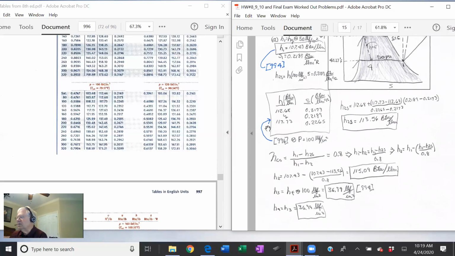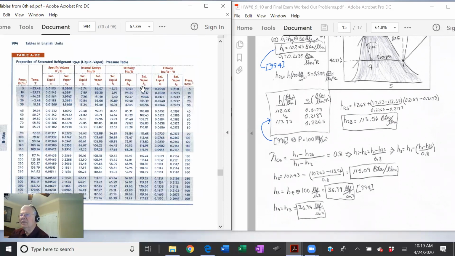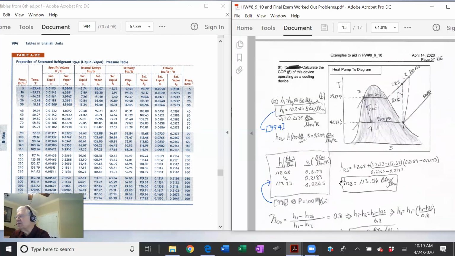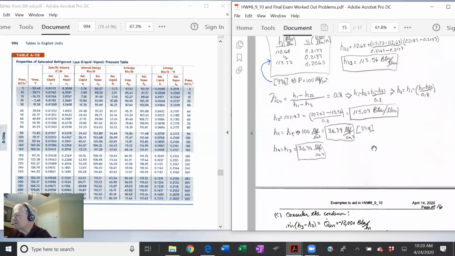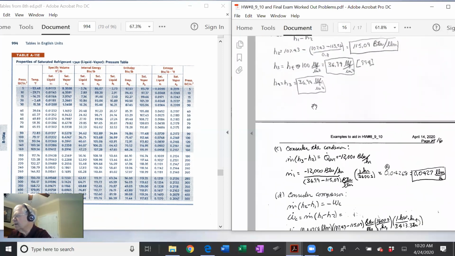What page is that on? 994. 100 psi, sorry. We're looking for HF, which is H3, HF fluid, 36.99. There it is. And the nice thing about a refrigeration circuit, we know H3 is equal to H4. So we know what H4 is. There it is, 36.39.